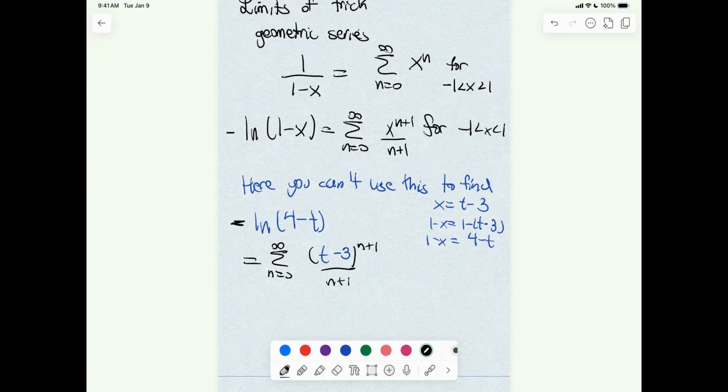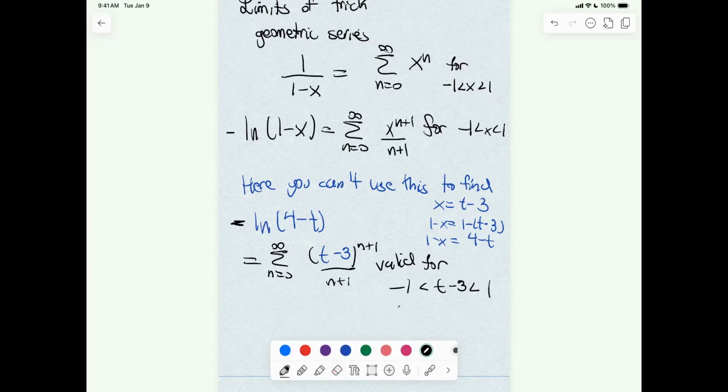But of course, this formula would only be valid for whatever the inequality in terms of t is. So this would be valid for minus one less than t minus three less than one. And so if you solve for t, that gives you what?